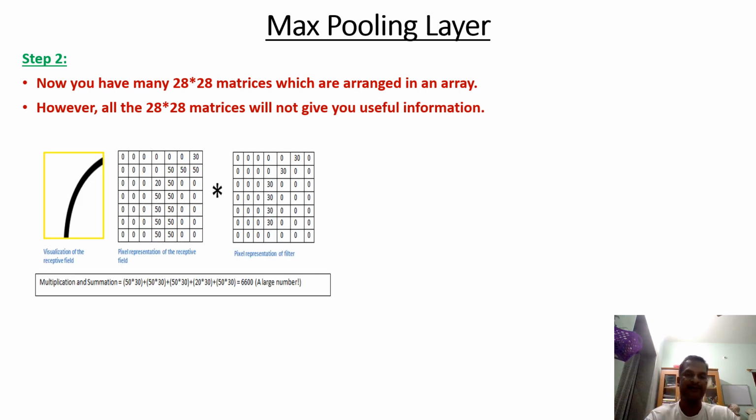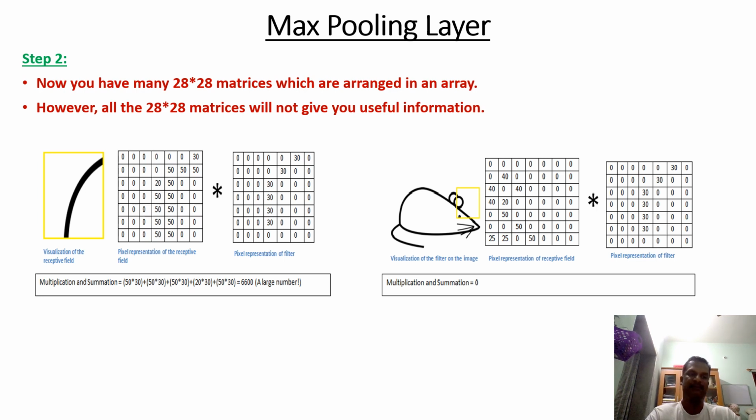So how can I find out whether the extracted feature has some useful information or not? That can be detected based on the output of the convolutional layer. You can see here two convolutional operations. In one, you can see clearly a mismatch between the filter and the original image.